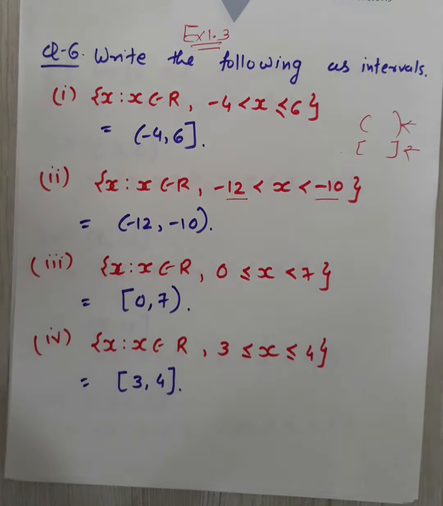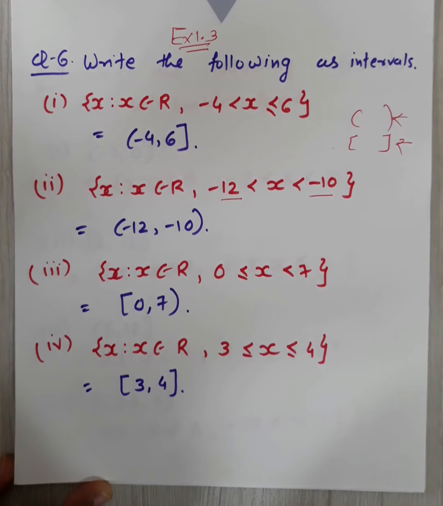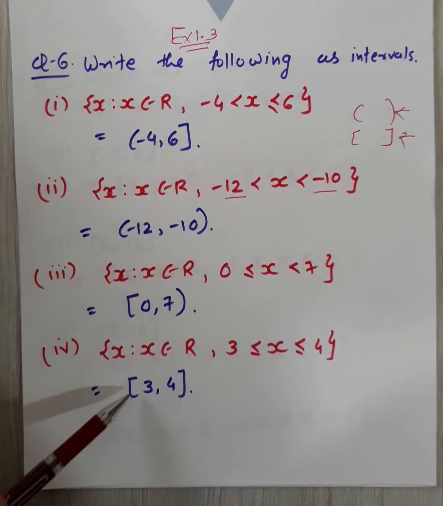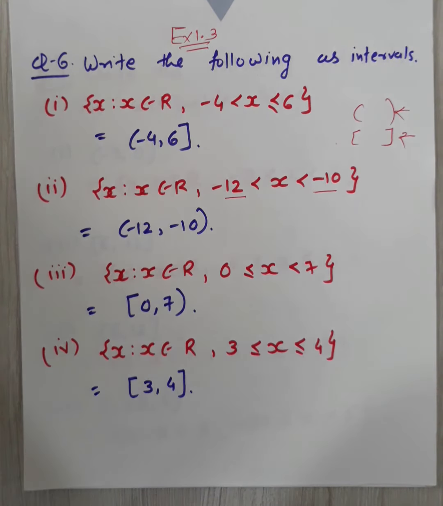Now this is the closed interval, both less than or equal are there, which means square brackets, 3 comma 4. This is the interval. You have been given different set builder forms, and you have to write them in terms of intervals.